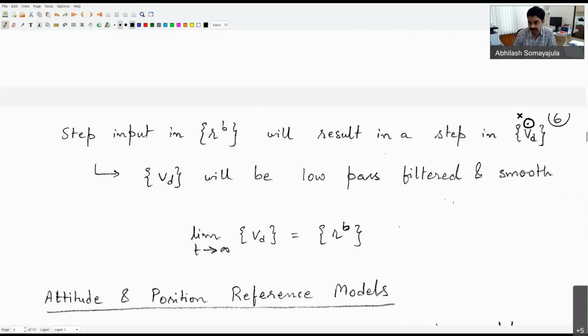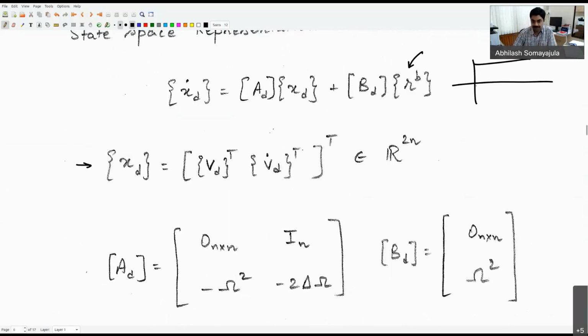Let me tell you what that means. When I put RB as a unit value, you will see that this B matrix has a structure which looks like this. When I provide a step input in RB, B times RB will be the so-called step which should be transferred to the state immediately. So when I apply a step input in RB, at that particular instant, that step will result in a change in which quantity in XD?